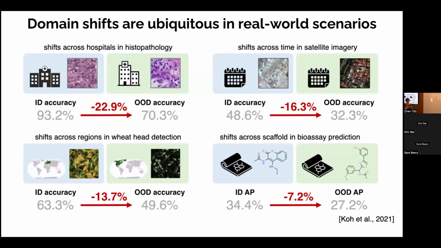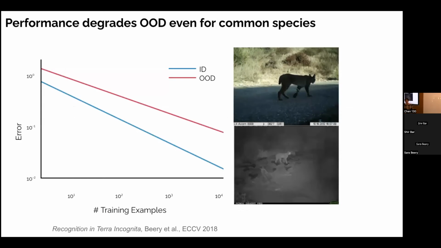Yeah, and this type of distribution shift, domain shift, but also the degradation in performance of the model when you go out of domain, tends to be ubiquitous, really consistent across applications in the real world. So you guys are not alone in this being a challenge when you're trying to use these models in reality.